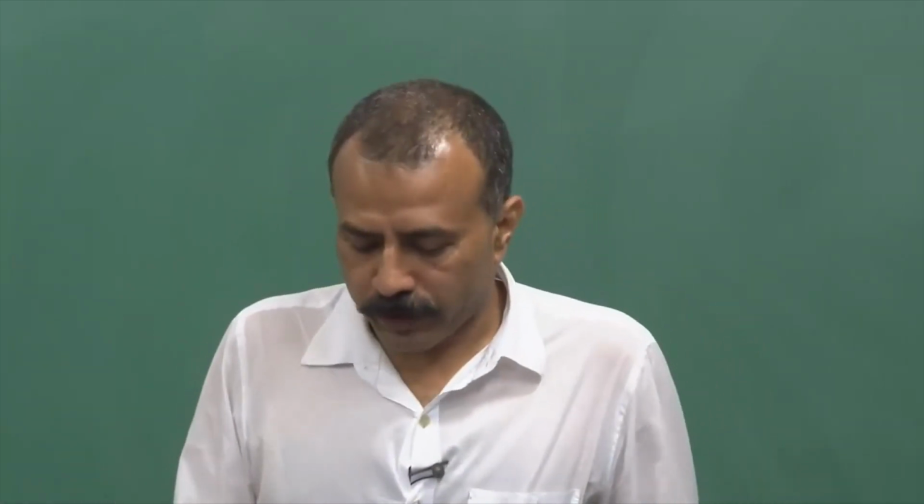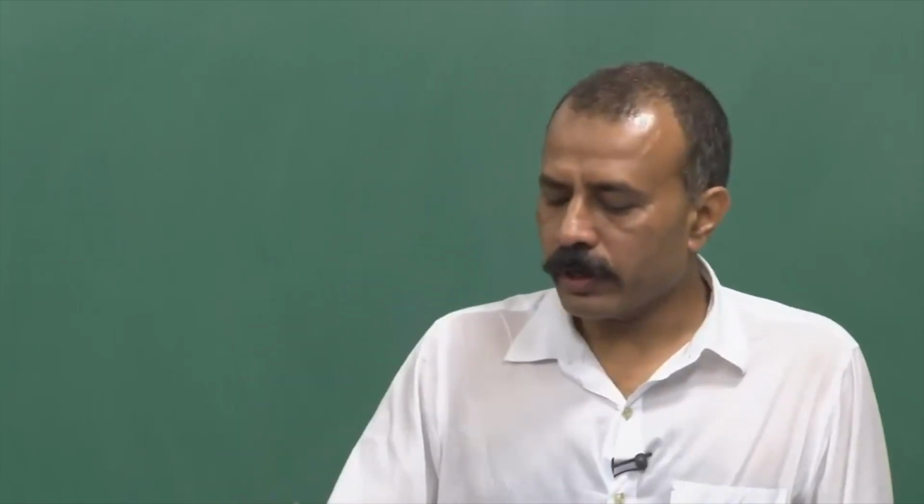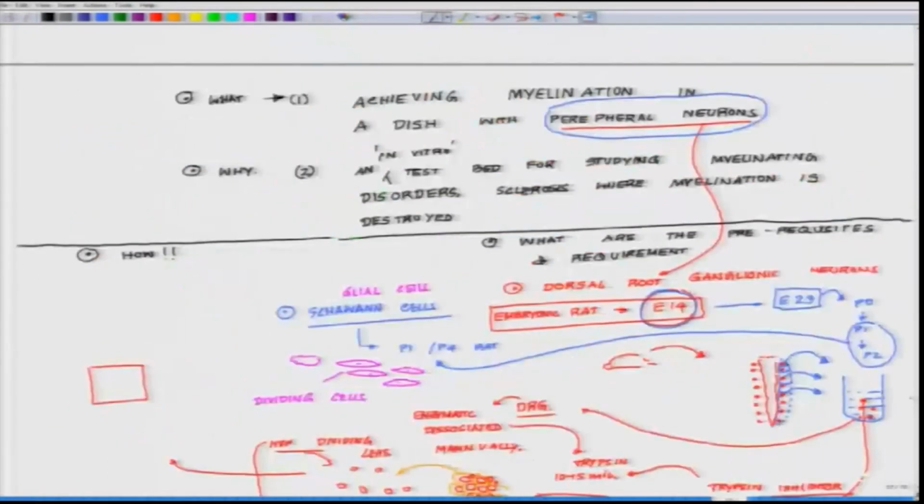So, now in order to achieve it, if you really want to achieve it, your first target is you need to have a source of neuron. Now, again let us break up the problem in terms of the way we broke it up here. Now, achieving myelination, I am just changing, okay, peripheral, now I make it central nervous system. Okay. This is central nervous system, then its corresponding myelination disorder, of course, that remains the same.